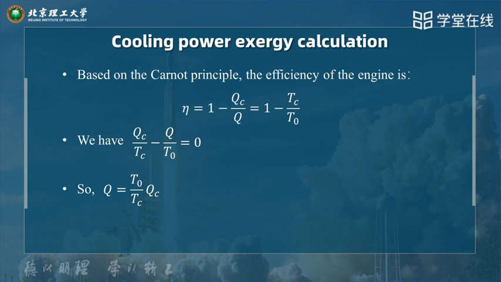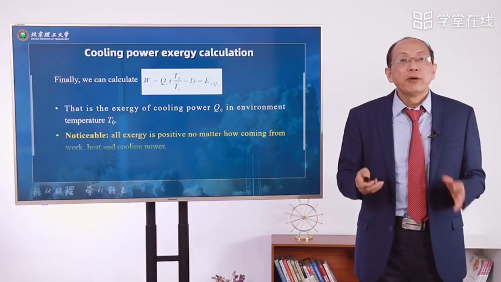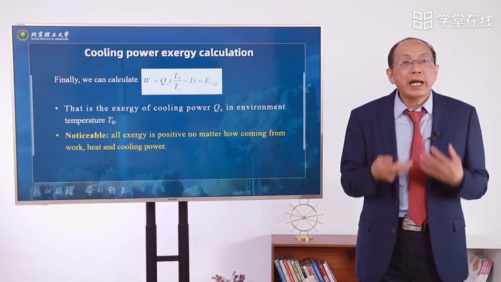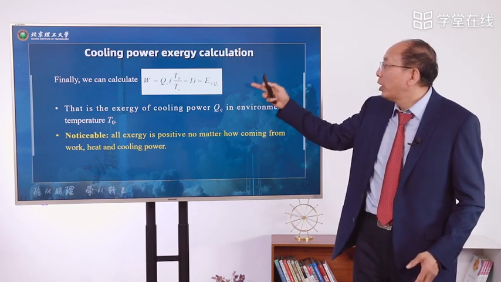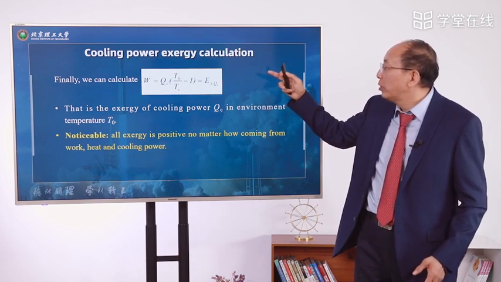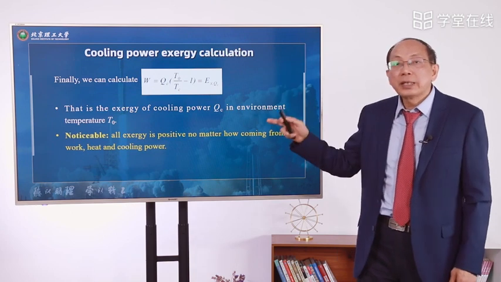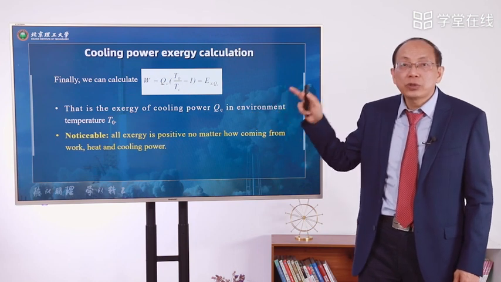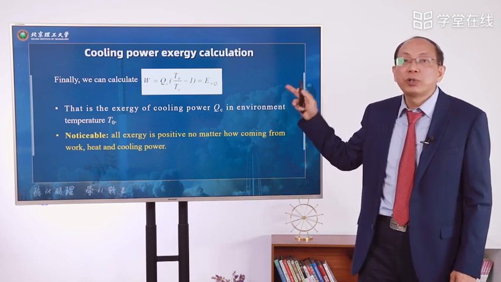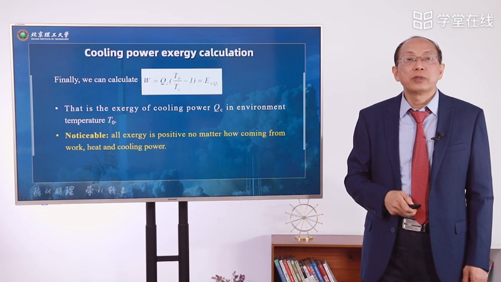From here, we can calculate Q equals T0 over Tc times Qc. Finally, W is Qc times (T0 over Tc minus 1). This W just is the exergy of cooling power.